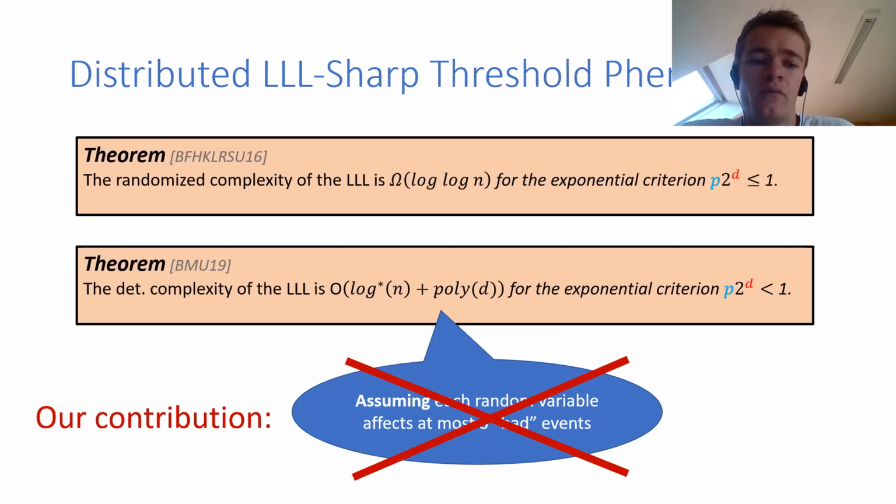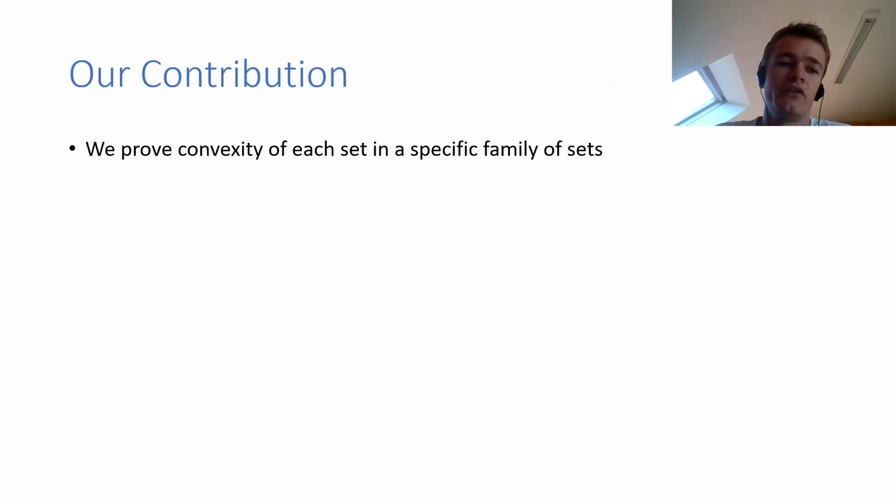And in the end, the approach reduces to showing that all sets in a certain family of sets are convex. And they could only show it for one of the sets in this family, and hence they got this restriction. And so what we do is that we show convexity of each set in the specific family of sets.